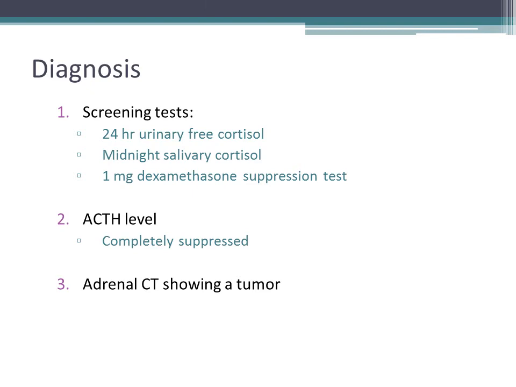Then you move on to anatomic localization by doing the adrenal CT, which shows a tumor. And if you confirm that on imaging, you can send the patient right away to have surgery. Cushing syndrome due to adrenal masses usually has a tumor size much bigger than primary aldosteronism.